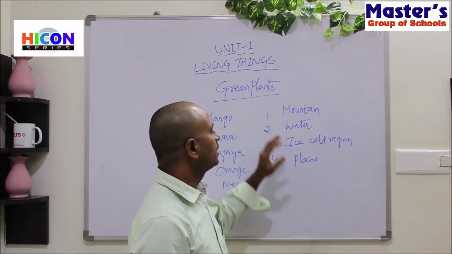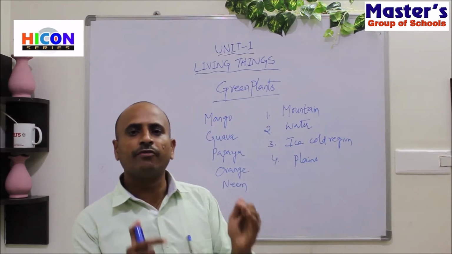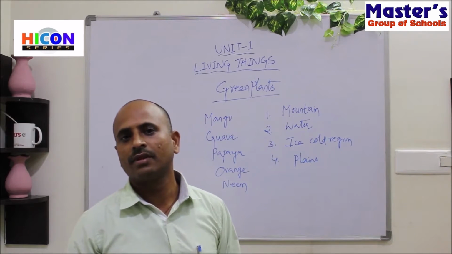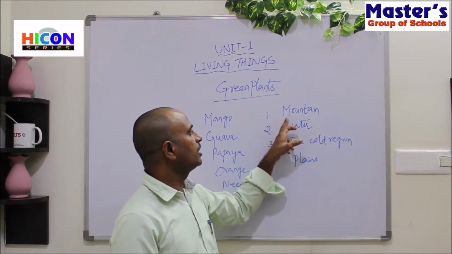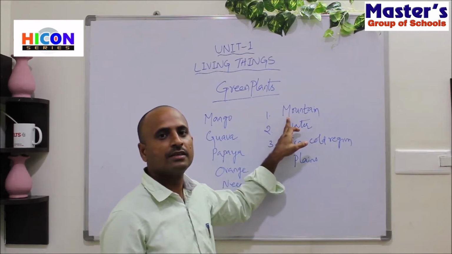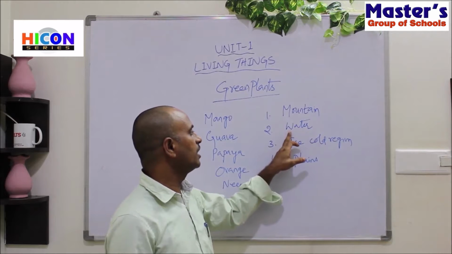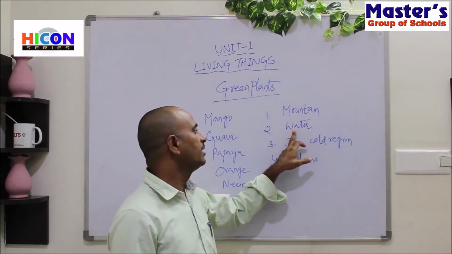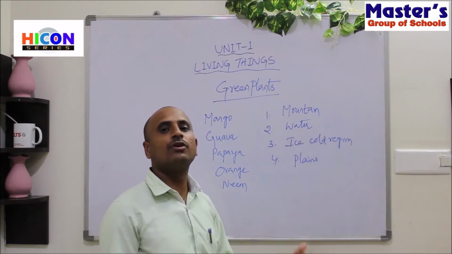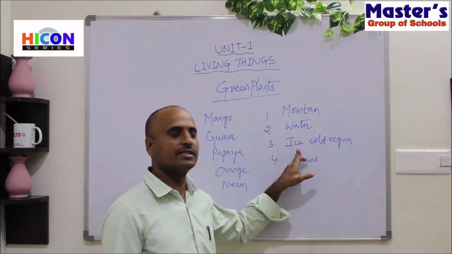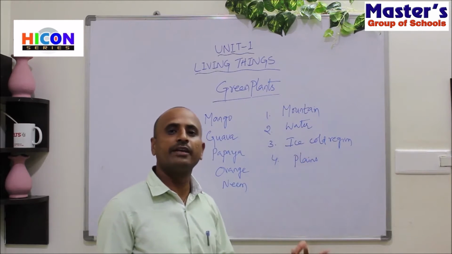That means the plants which grow in one area cannot grow in another area. The plants growing in mountain areas cannot grow in water areas, the plants living in water cannot grow in ice cold regions, and the plants growing in ice cold regions cannot grow in plain regions.